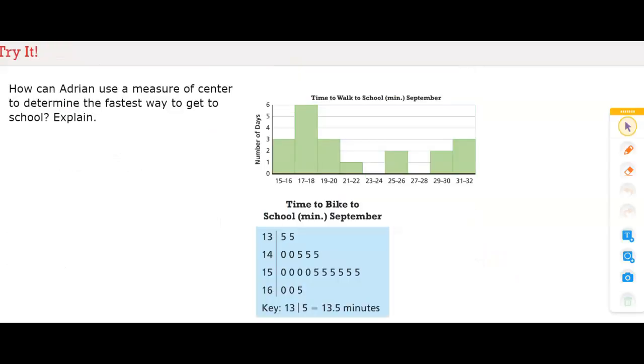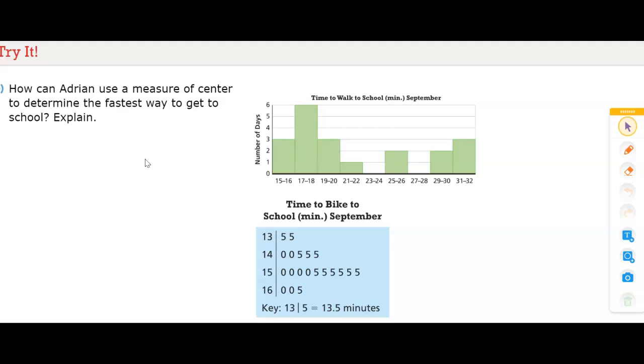How can Adrian use a measure of center to determine the fastest way to get to school? Explain. Adrian can use one of the measures of center, which would be the mean or median.